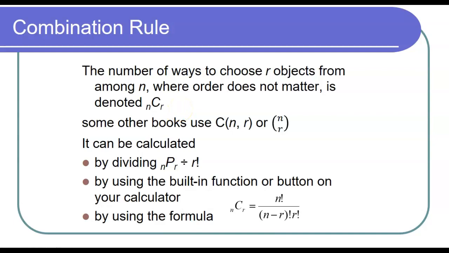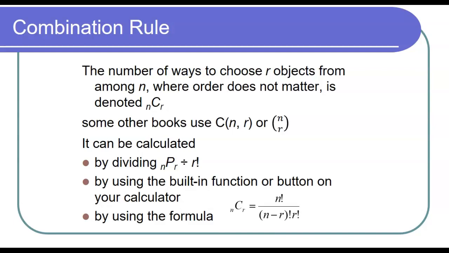So how do you actually calculate it? Well, three main possibilities. You could count the number of permutations, one of the ways we talked about to do that, and then divide that number by r factorial. You could use the built-in function or button on your calculator for calculating combinations, nCr.